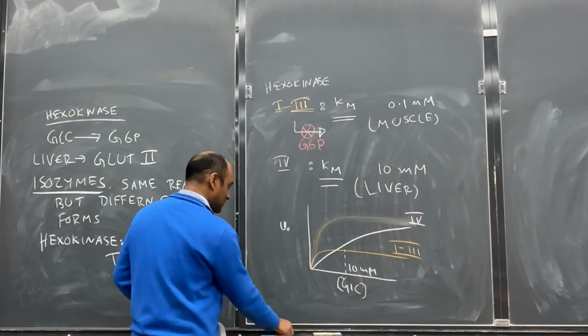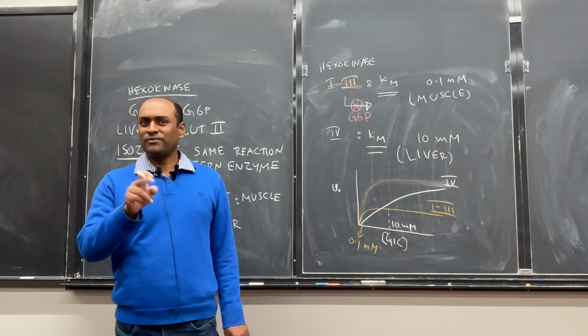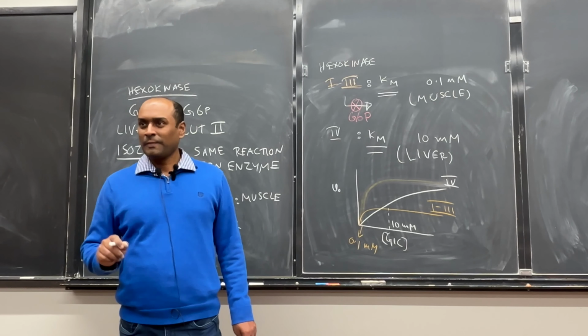So next thing is the G6P inhibition. What does it mean that G6P inhibits 1 through 3 but not 4? 1 through 3 inhibited meaning that once a lot of G6P has been made in the muscle, right, then that means you're not doing glycolysis at a rate at which the G6P is being made, then let's not make any more G6P. Let's send whatever leftover glucose to liver now, right?